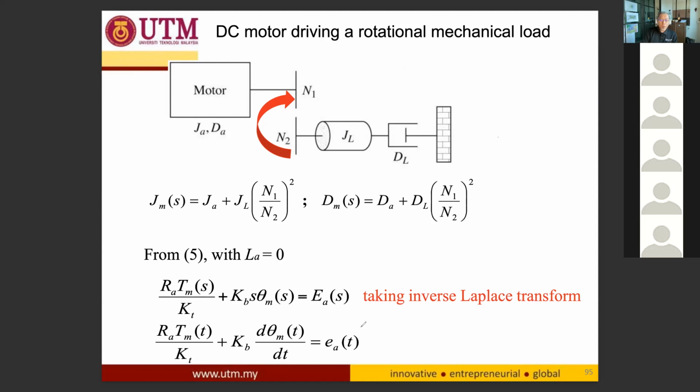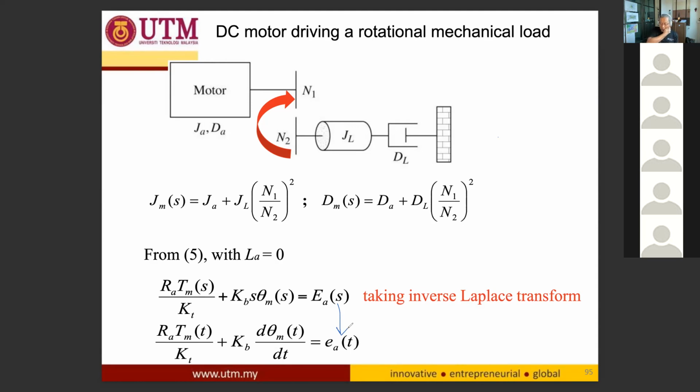I want to ask you something. From s to t, we use what? Zulfika Muhammad.